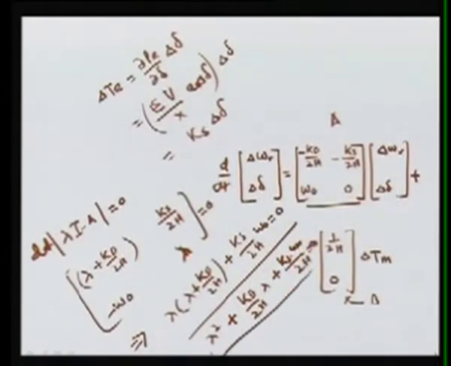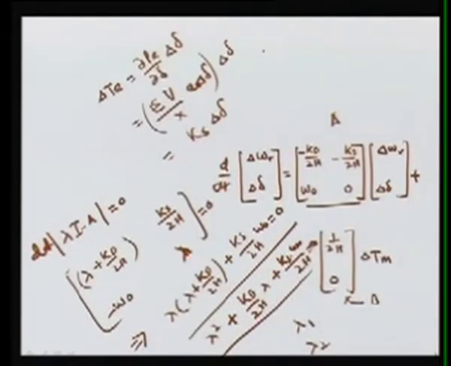Now if you solve it, you will get the two roots of this system, lambda 1 and lambda 2.